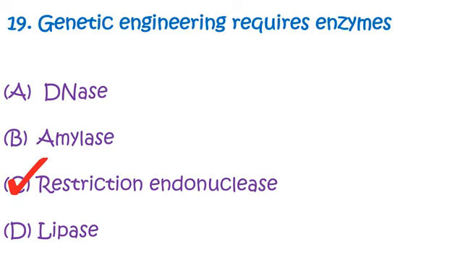Whether it is RNA or DNA, we require very specific enzymes, so the restriction enzymes are used for this purpose. The other enzymes, like amylase, is a starch breaking enzyme, and lipase is a lipid breaking enzyme. So the correct answer is restriction endonuclease.